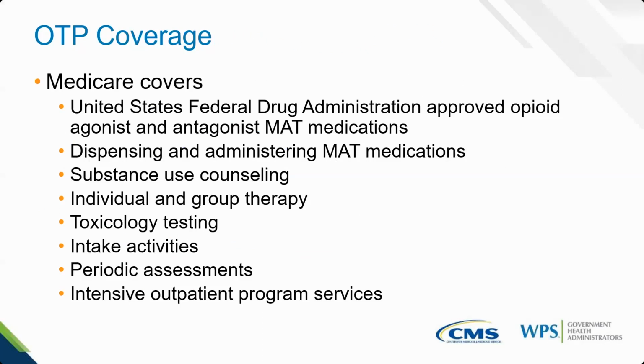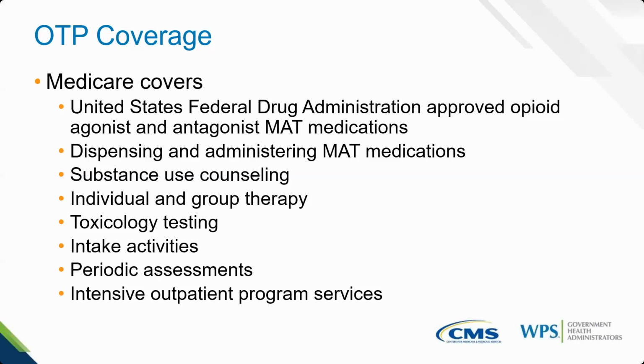Some of the things that are covered within the OTPs include what is listed on our slide here: the drug administration of approved opioid agonists and antagonists, dispensing and administering those medications, substance use counseling, individual and group therapy, toxicology testing, intake activities, periodic assessments, and intensive outpatient program services.